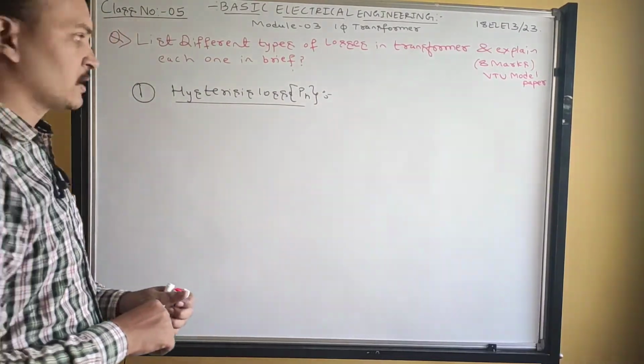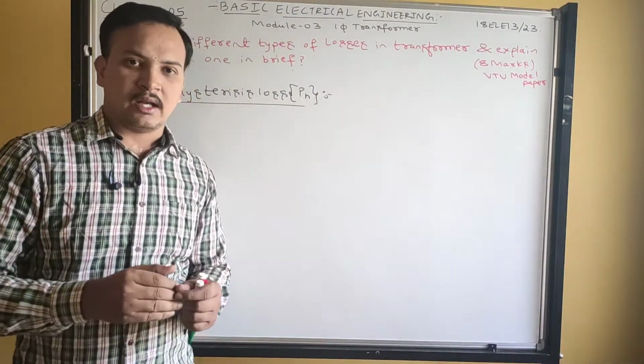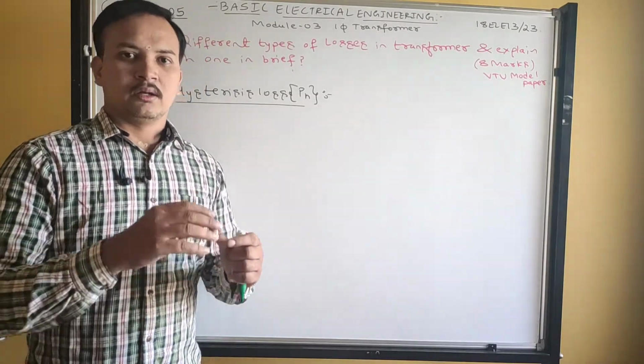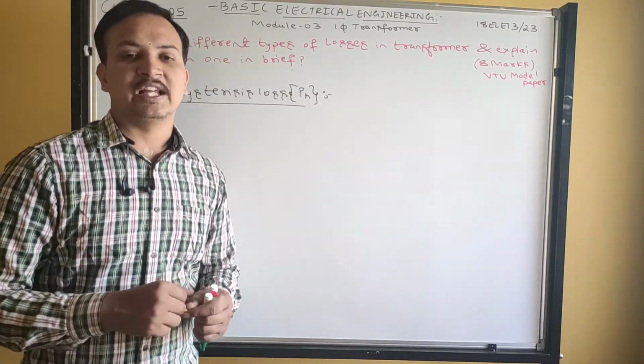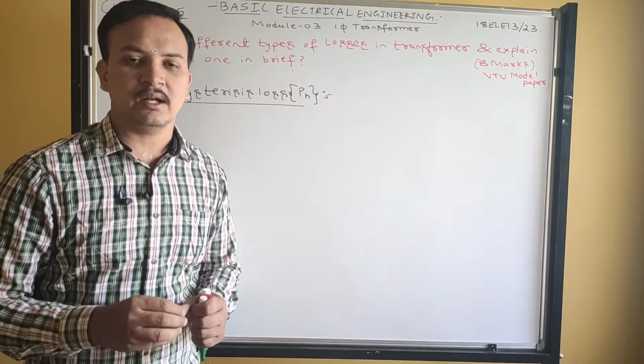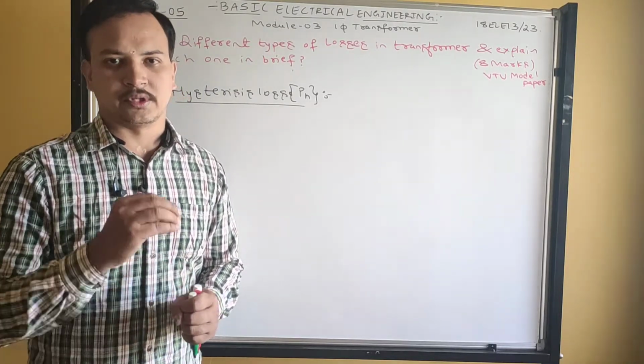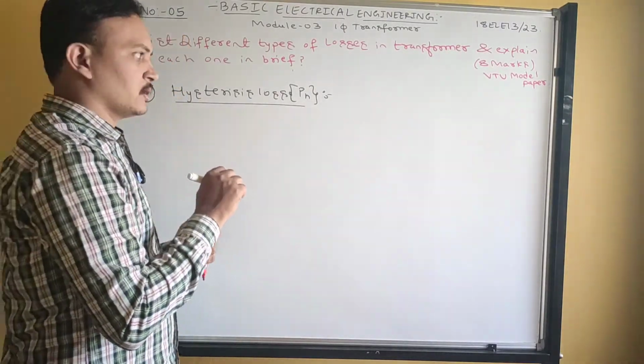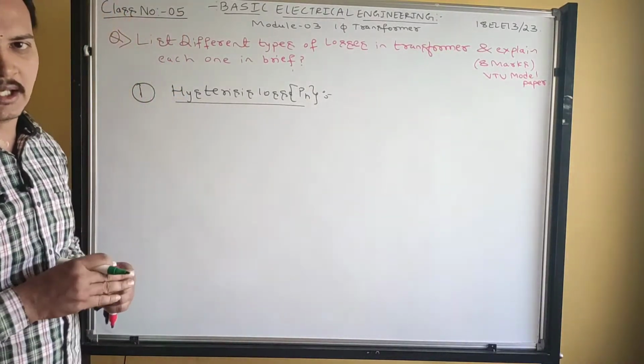So the meaning is, when an alternating current flows through the winding, it undergoes a cyclic process of magnetization and demagnetization. So when I give supply to the windings, an alternating current flows in that.